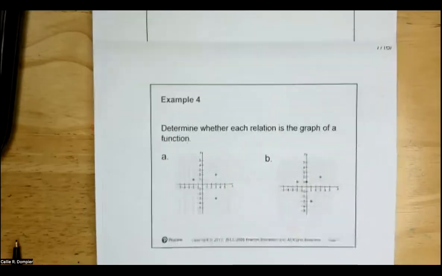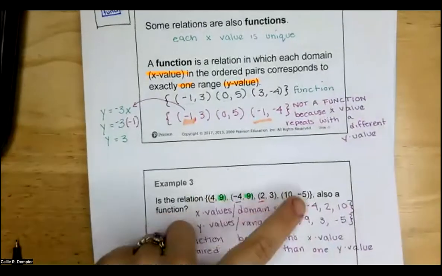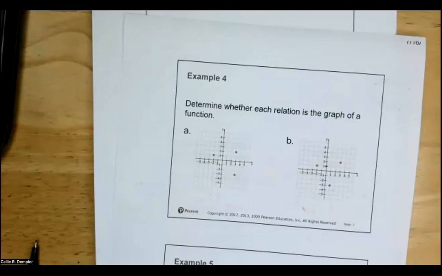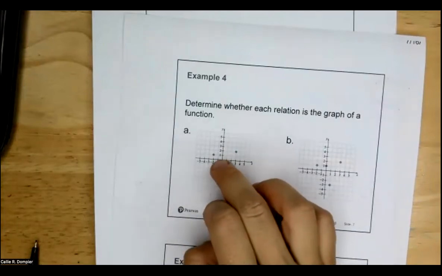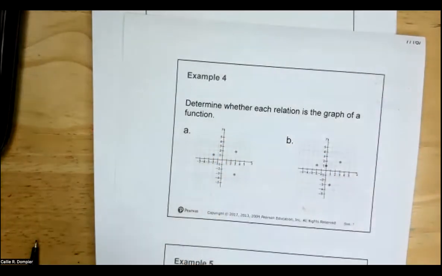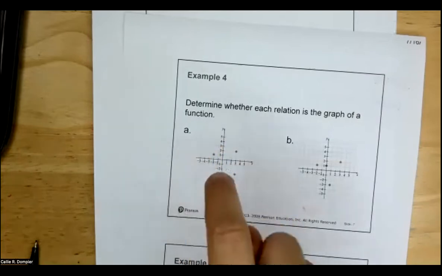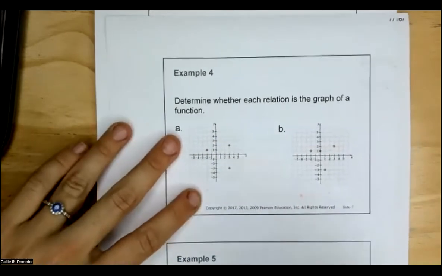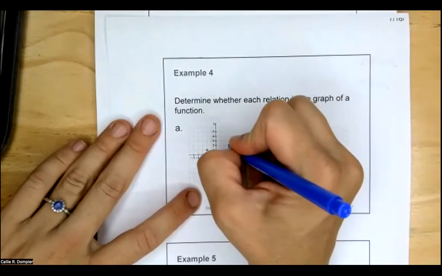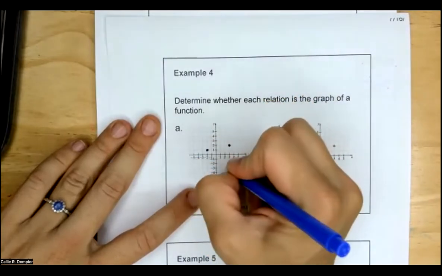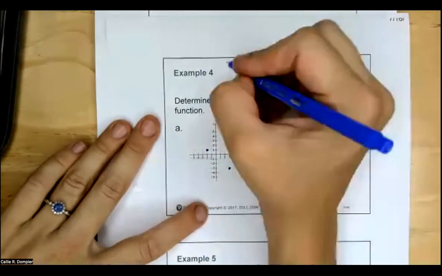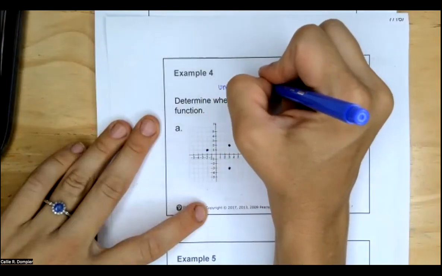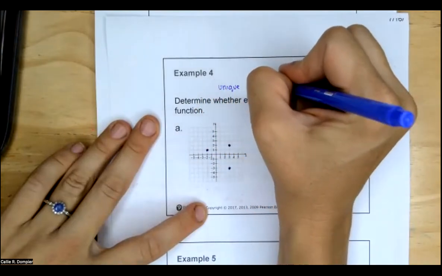So now we have the same points, right? But instead of just a list of points, we have the graph of the points. We took each ordered pair and we put it on the graph. All right. So is this the graph of a function? Well, you need to look at their x value and their y value, and we want unique x values, right?